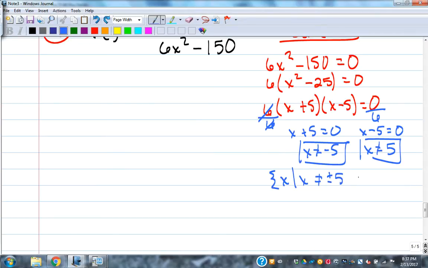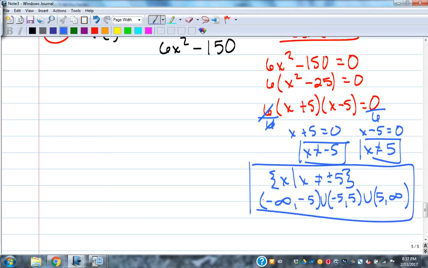And that's not very much fun to write in interval notation, but we'll do it anyway because we know how. So there's our domain.